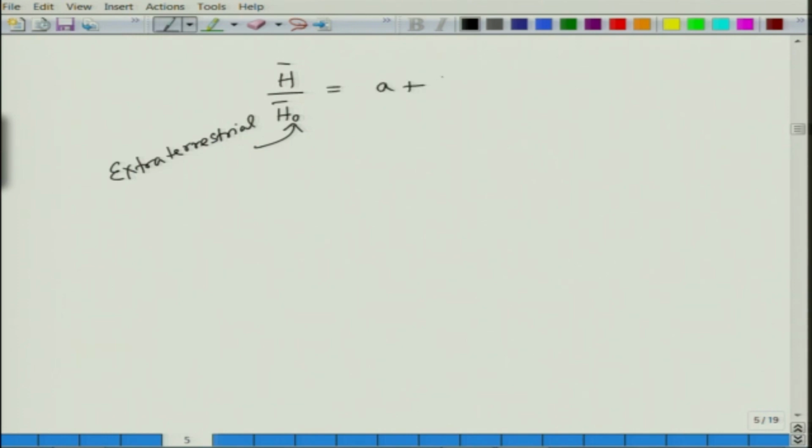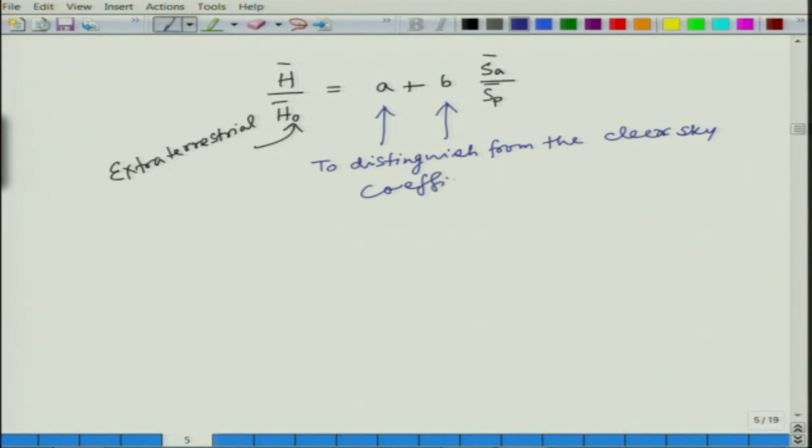And also we name these coefficients differently, to distinguish from the clear sky coefficients, we drop the prime notation.